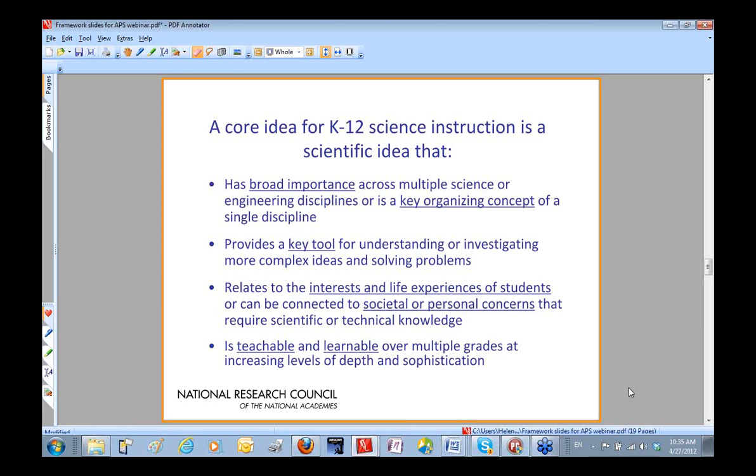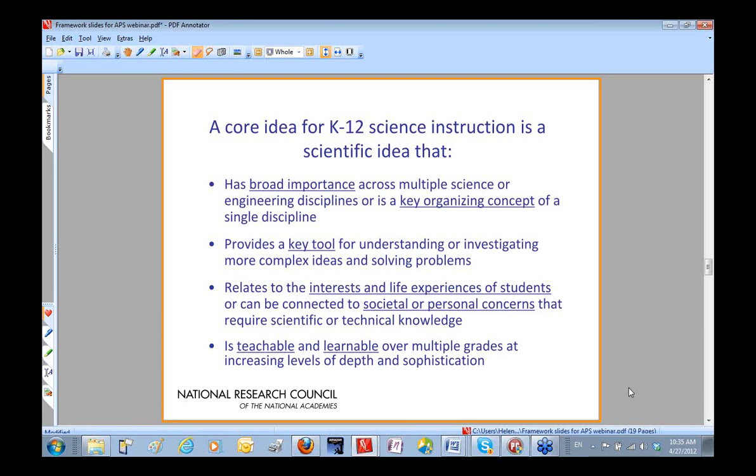And so we gave ourselves these criteria. The first 2 are more or less the disciplinary criteria. It's an important idea in its discipline, and it's a tool for investigating ideas and solving problems.